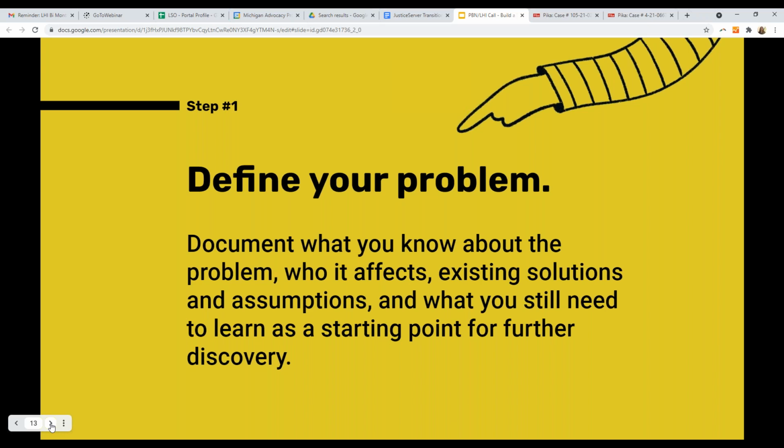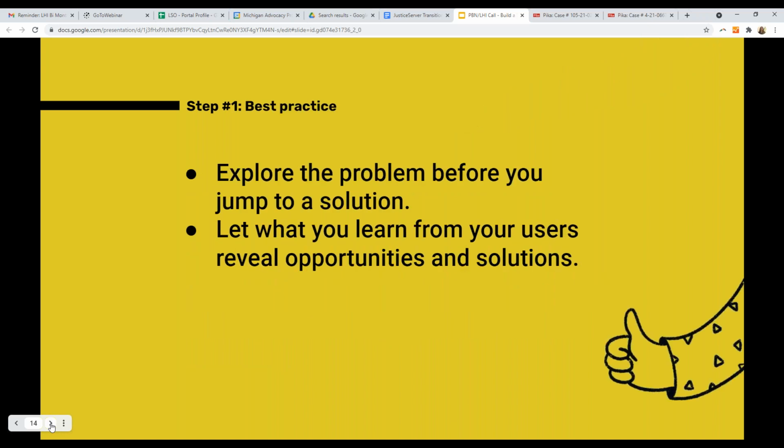What is the problem that you are intending to solve, or what is the topic space that you're exploring? Starting here, and we have some templates that support this that we can show, really helps to focus in before you jump to solutions, really understanding what the problem is, who's impacted by the problem, and that helps you identify who your users are and what you need to learn from them in order to take the next step.